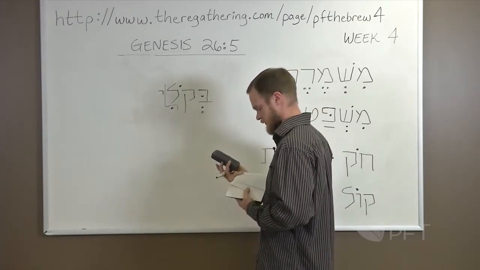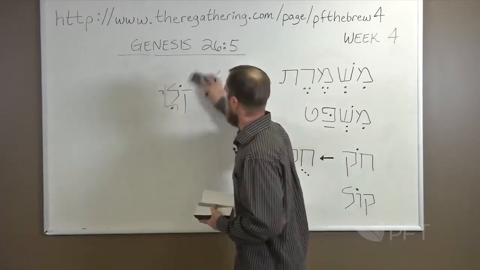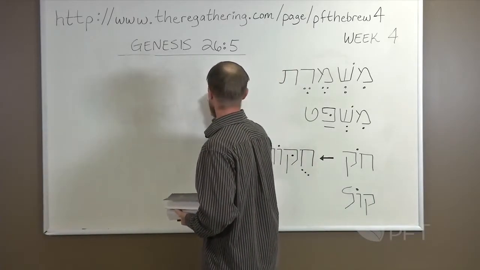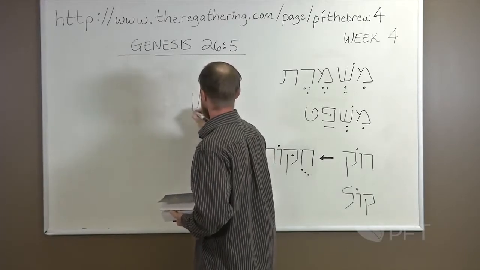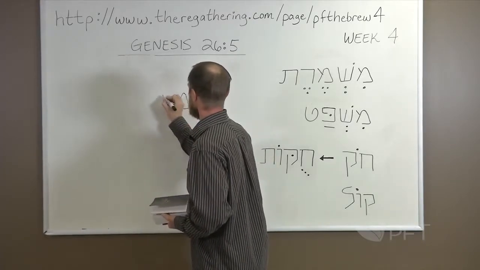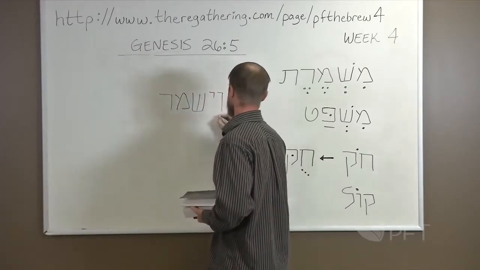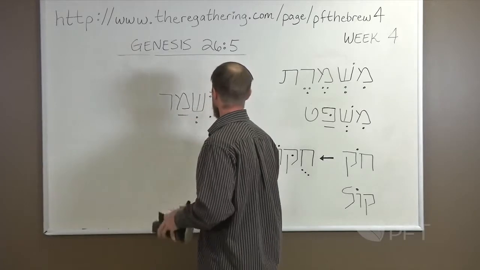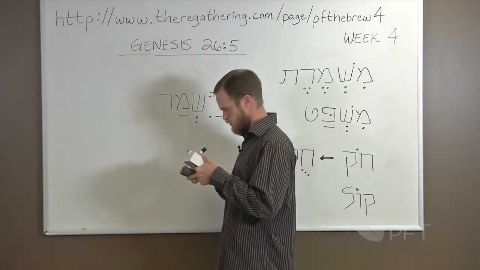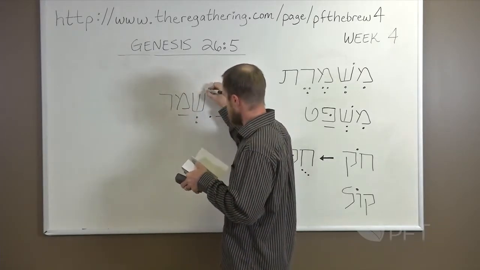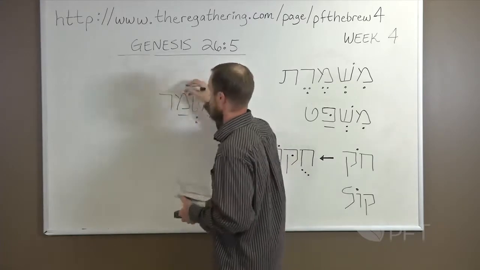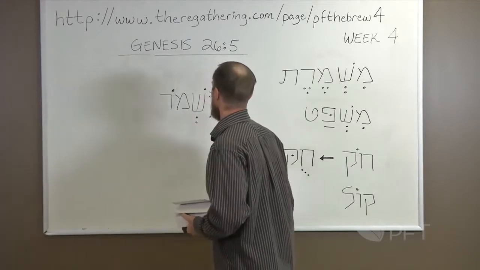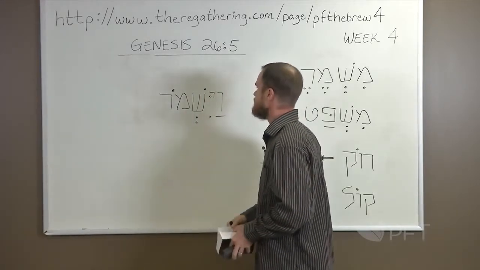Vayishmar. Yes, Vayishmar. And we saw, of course, Shmar before. But now, Deuteronomy 11 was talking about future tense. And that is Vayishmor. Okay, Vayishmor.